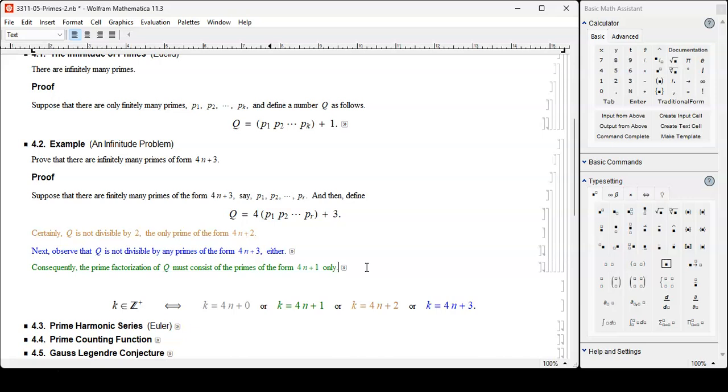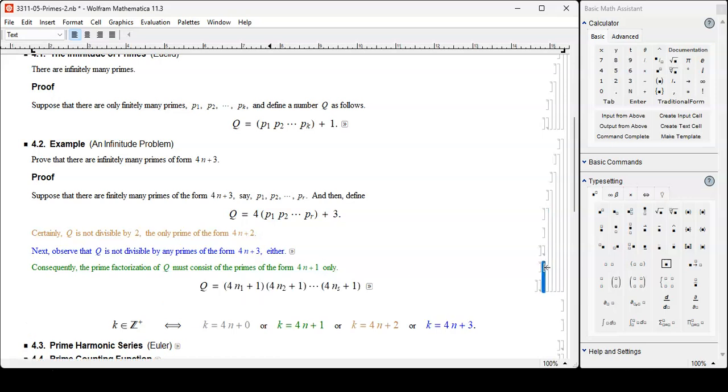Now, none of those prime factors is either 2 or of the 4n plus 3 form, so all those prime factors must be of the 4n plus 1 form. Make sense? There is a prime factorization, yes, we established in section 1, and then we just proved none of the prime factors is of 4n plus 3 form, and 4n plus 2 form either, so they are all 4n plus 1 form, so the factorization must look like this.